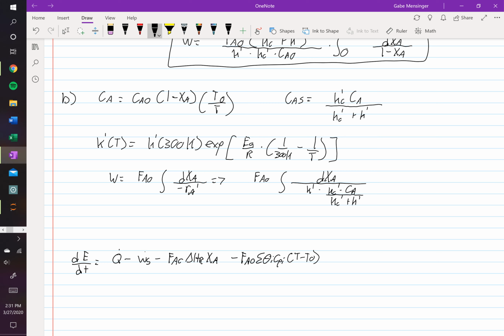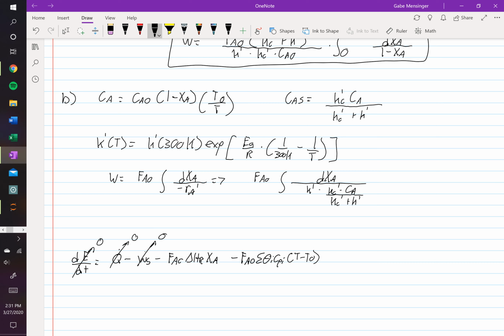Okay. So I write the energy balance. We are almost always operating at steady state. We have no shaft work. And since we are adiabatic, Q is also equal to 0.